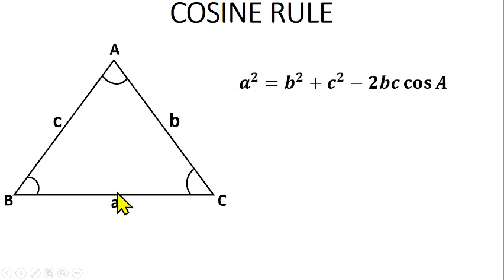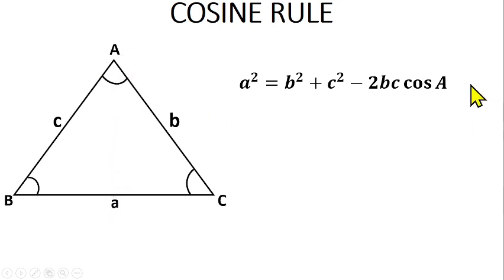Assuming I'm looking for side a, I'll have a squared equals the sum of the squares of the remaining two sides, which is b squared plus c squared, minus 2 multiplied by b times c, cos the angle facing the side I'm looking for, which is angle A.